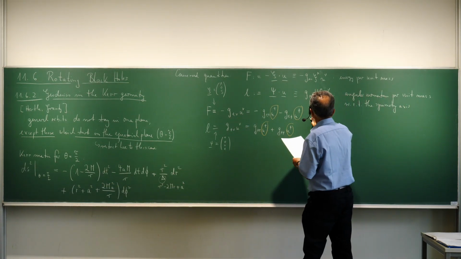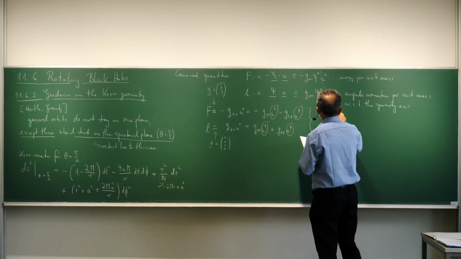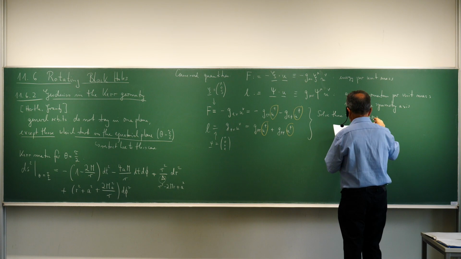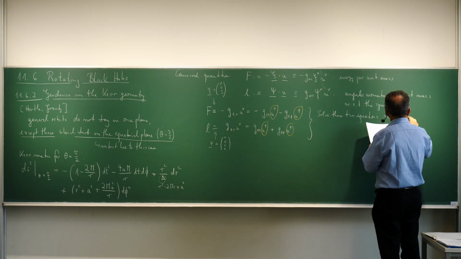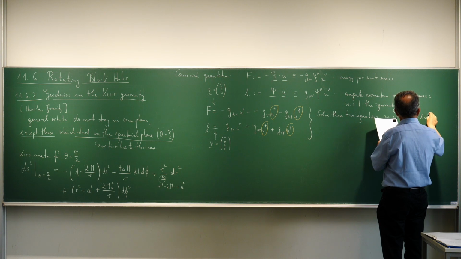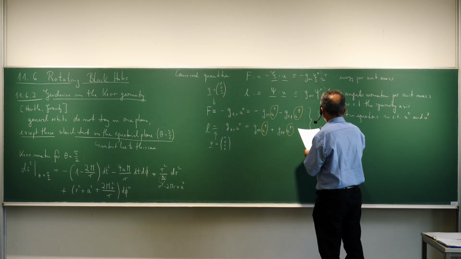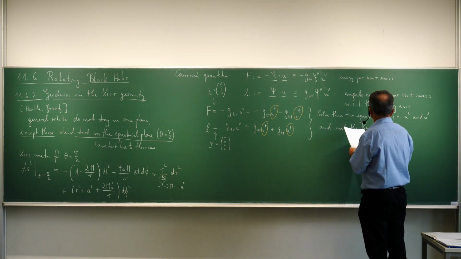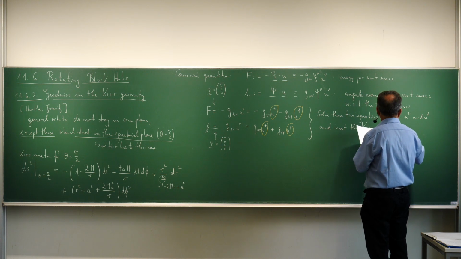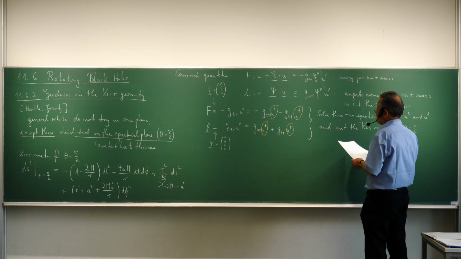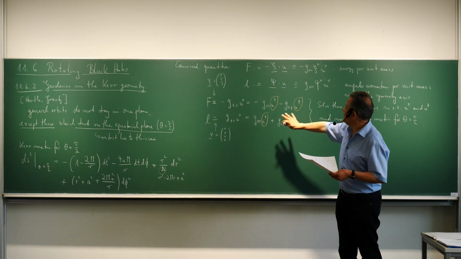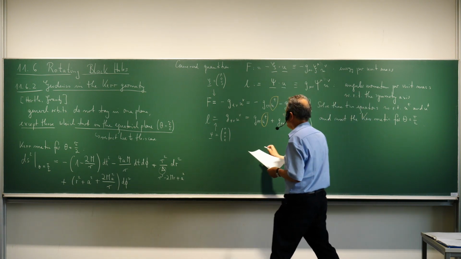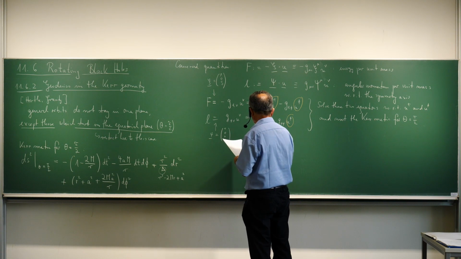So solve these two equations with respect to u^t and u^phi, and insert the Kerr metric for theta equal to pi over 2. That's easily done: two equations for two unknowns, and then you get u^t and u^phi.